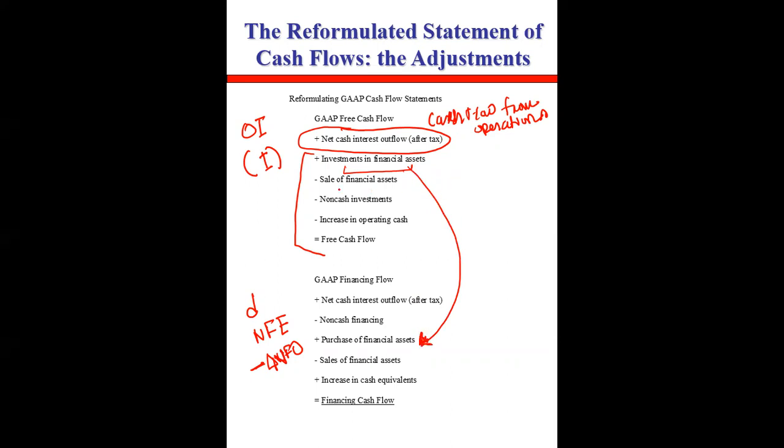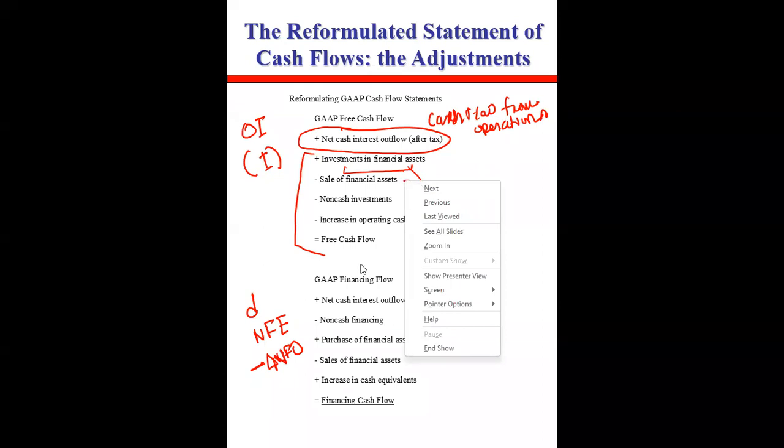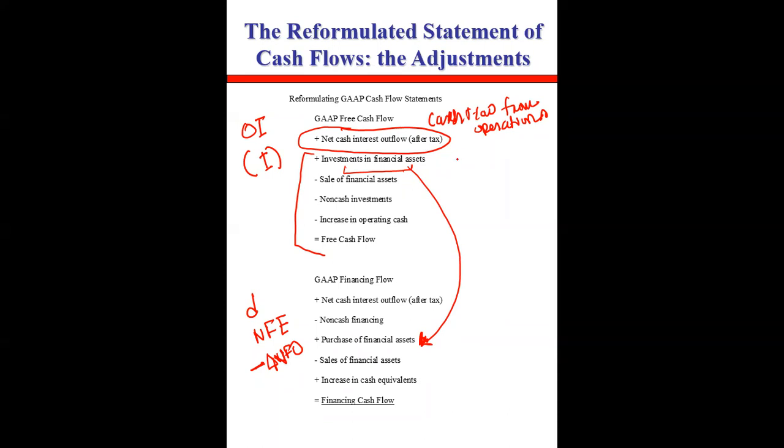Now if you make a sale of financial asset, that should be subtracted, because you have added the proceeds here. It should be proceeds in the financing part. And if you have made any non-cash investment, that should be subtracted.